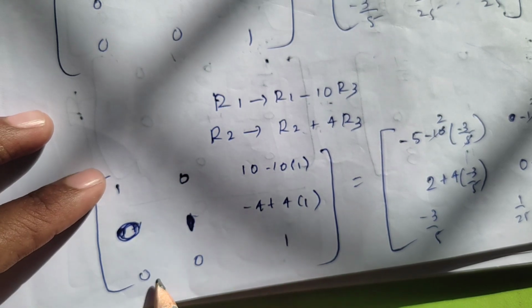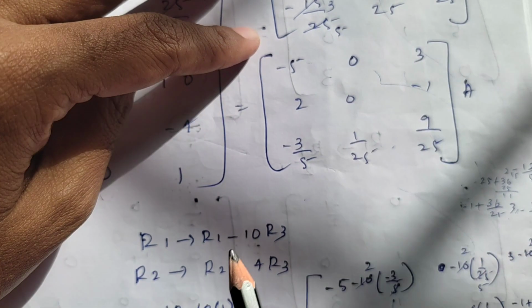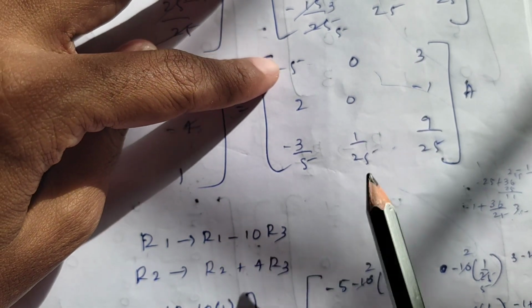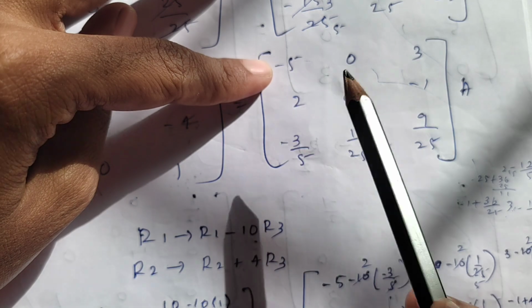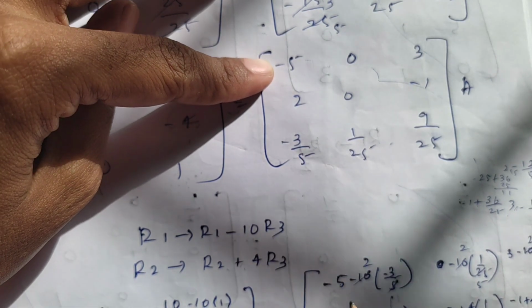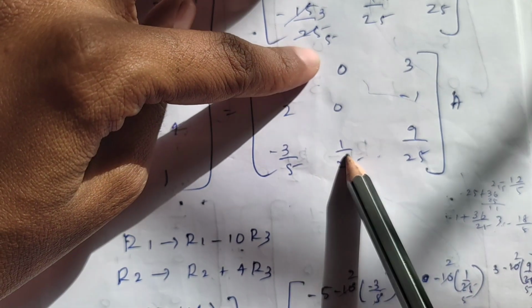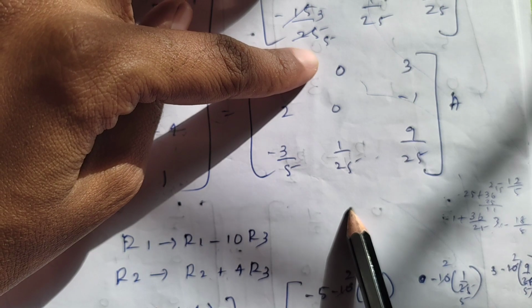R3 is the same. On the RHS, R1 minus 10 R3: minus 5 minus 10 into minus 3 by 5. Next, 0 minus 10 into 1 by 25.